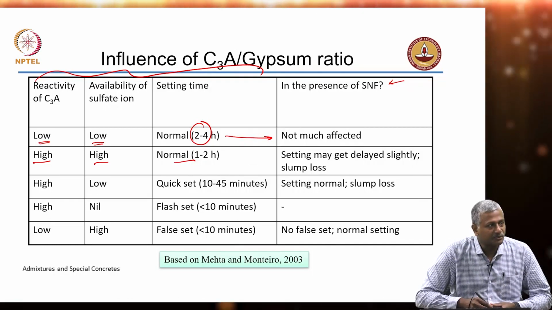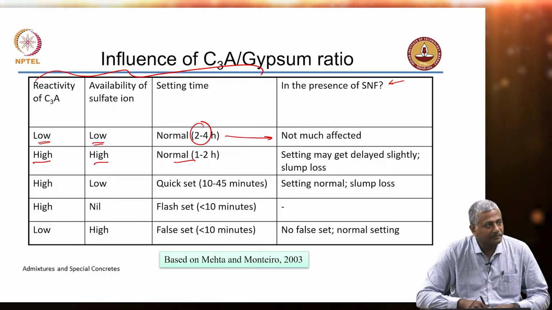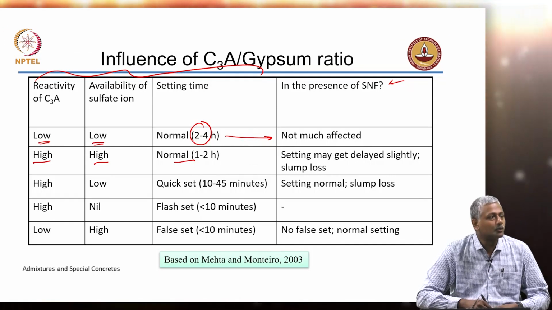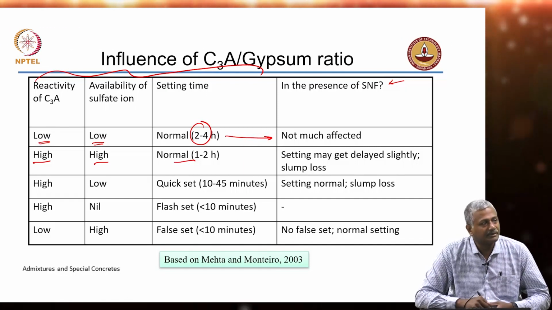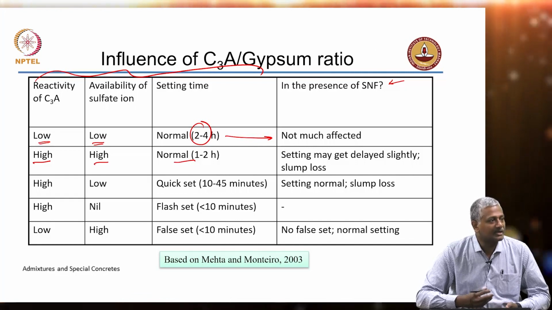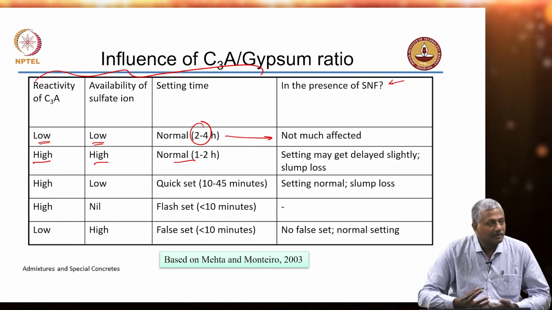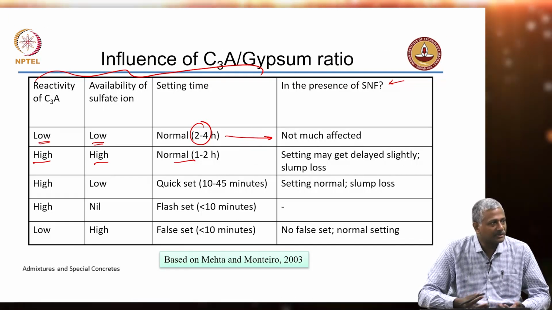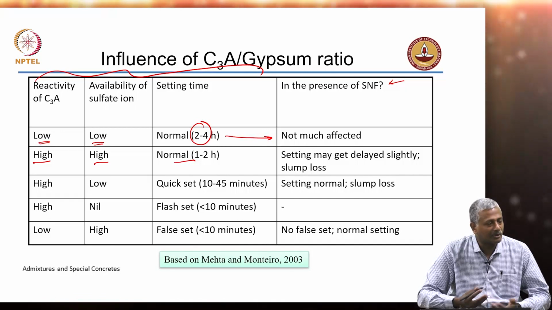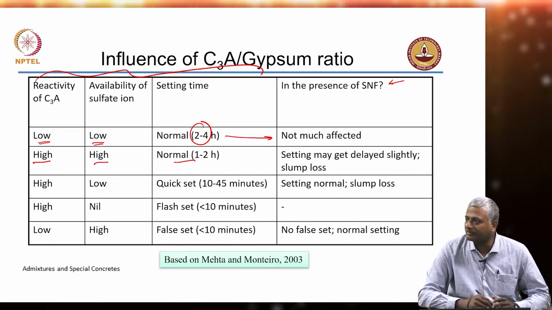C3A is less reactive, so we may not lose the SNF very quickly to the C3A, correct. So, the effectiveness of the admixture will be maintained. At the same time, there is sulfate from the gypsum sources that could still react with the C3A in a normal fashion.